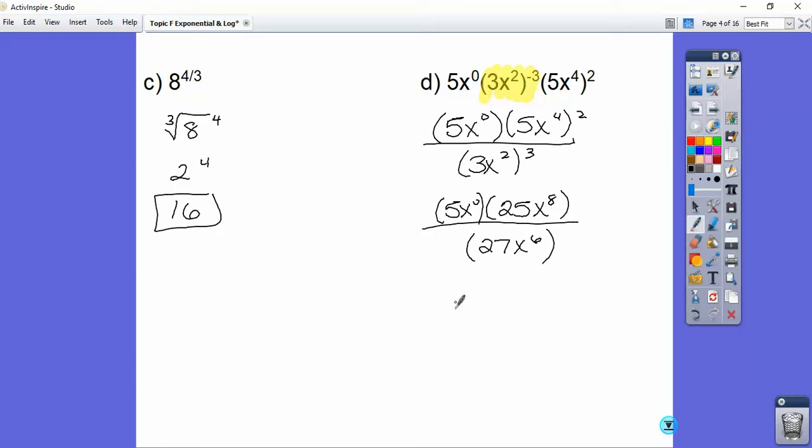Working on the top, if you multiply those, 5 times 25 is 125. X to the 0, you could even just drop that because it's just a 1. Or if you think about it, if you're multiplying those x's, you add their exponents. 0 plus 8 is just 8.